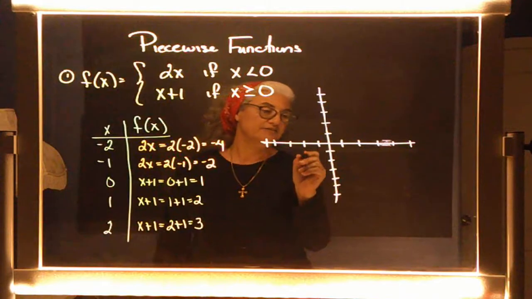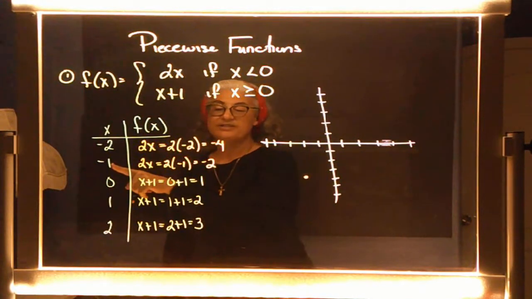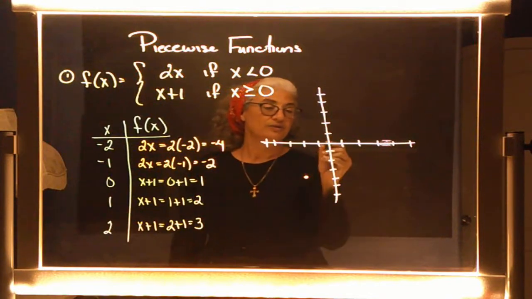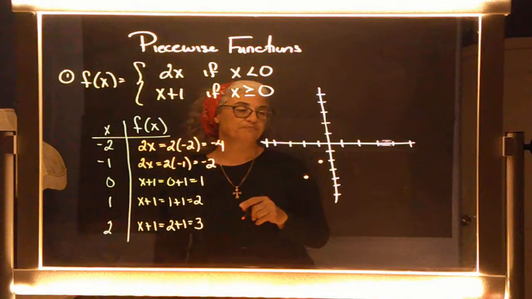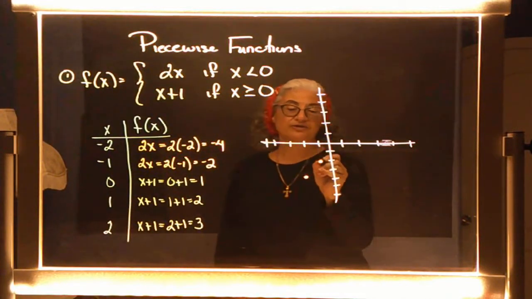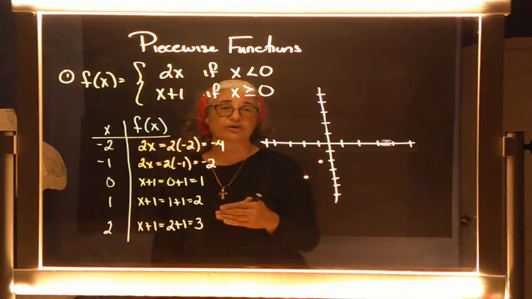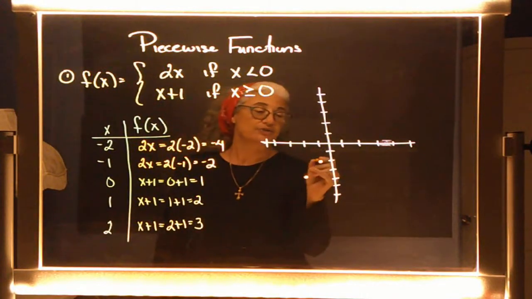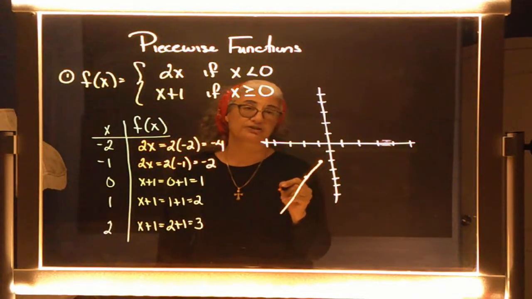So I have -2 and -4. The next number was -1. We plugged it in. We got -2. Got it? Okay. Now, these two I connect, and since 2x is linear, I know I'm getting a line. Agreed?